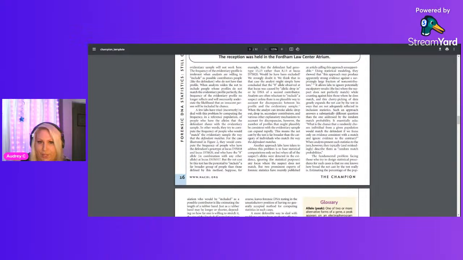In other words, they tried to compute the frequency of people who would match the evidentiary sample the way the defendant matches.